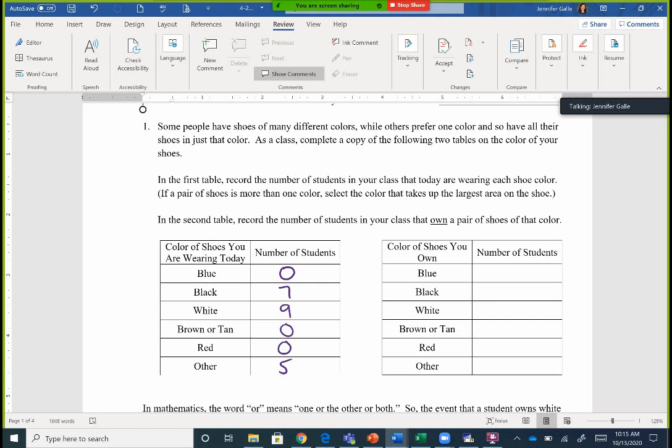Not how many pairs of blue shoes you own, but raise your hand if you own blue shoes. There's a pair in your closet that's blue. 5, 6. Okay, 6 people. Again, this is what you own.